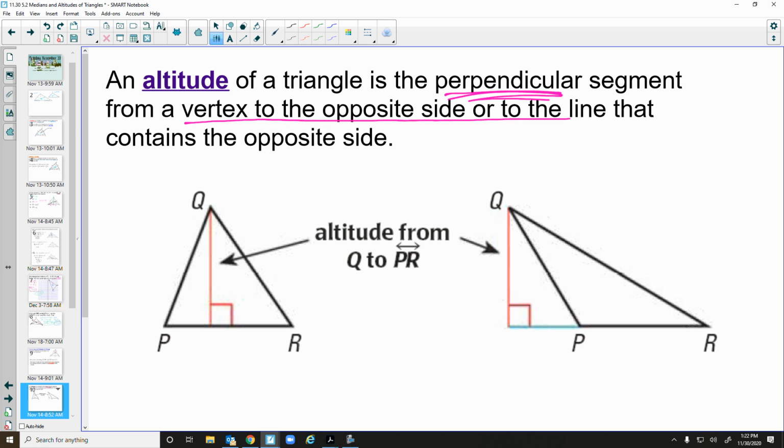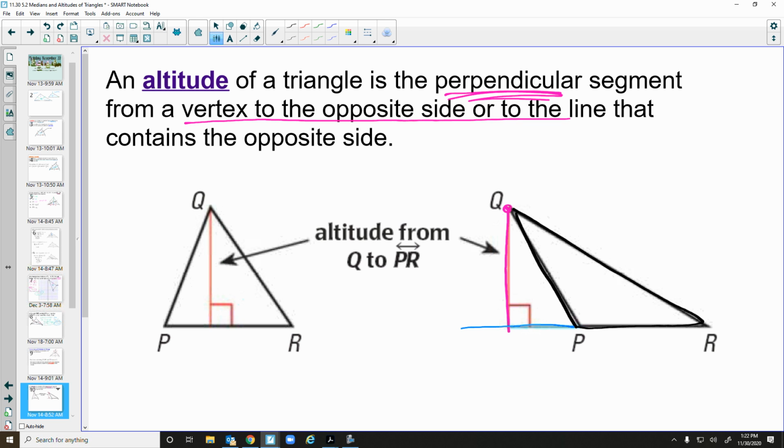So depending on the triangle itself, altitudes are in the triangle, on the triangle, or outside of it.